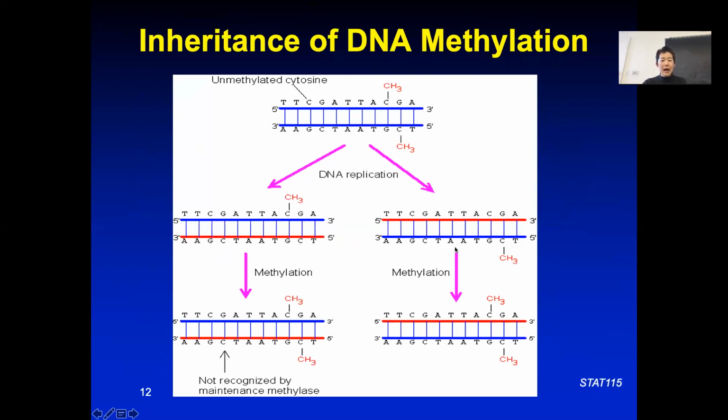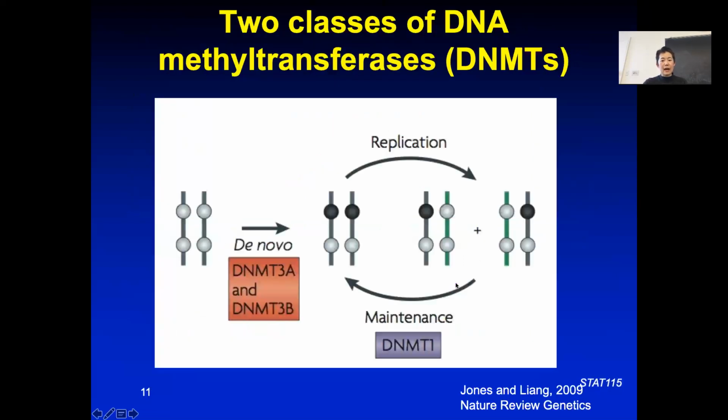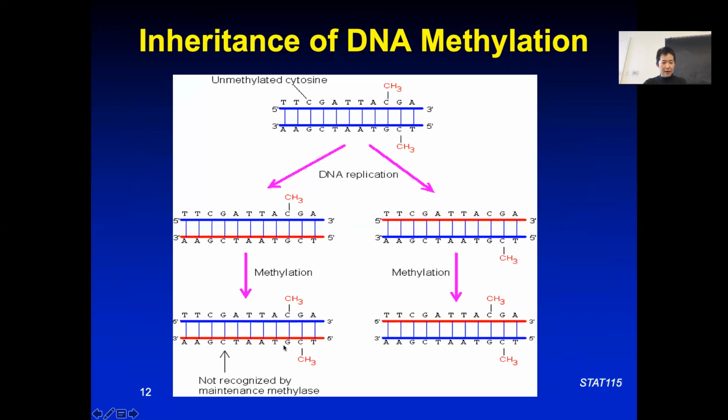Then the DNMT1 enzyme will come and say, if one strand is methylated but the other strand is not, it will go ahead and methylate the other strand. This way, the two daughter chromosomes will have the same methylation pattern as the parent chromosome. And that's how DNA methylation is inherited from one cell to the next.